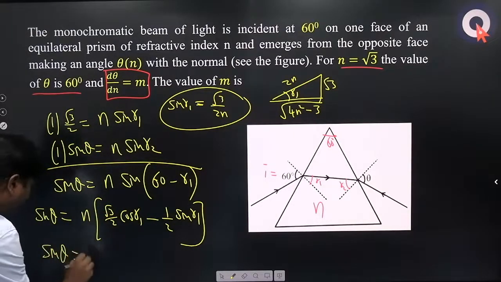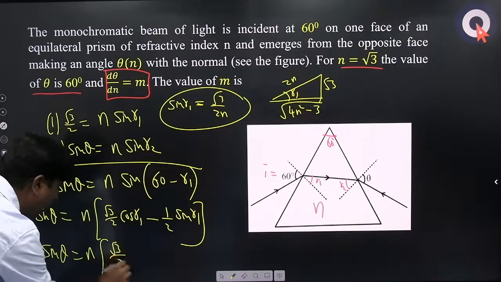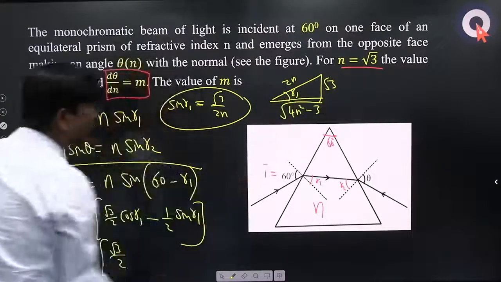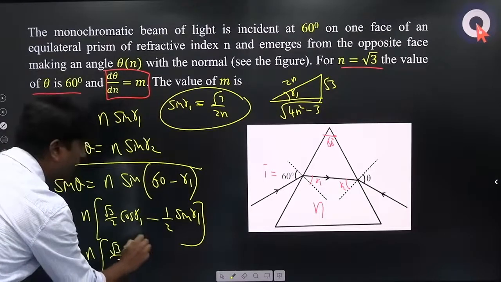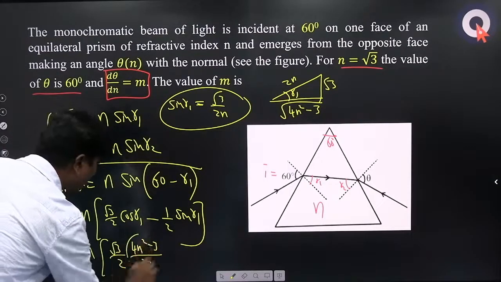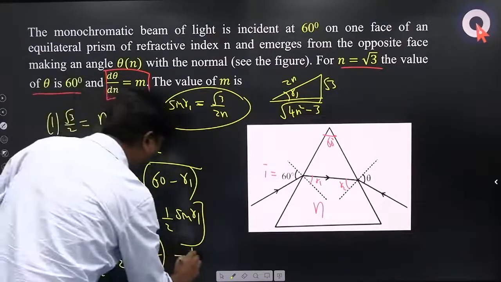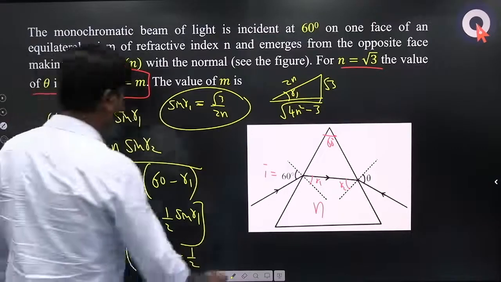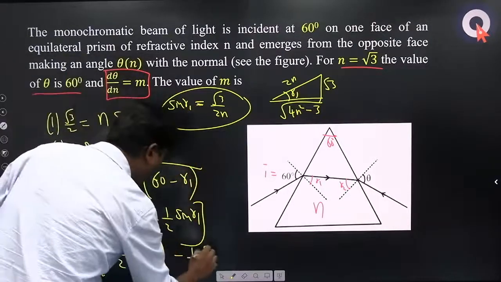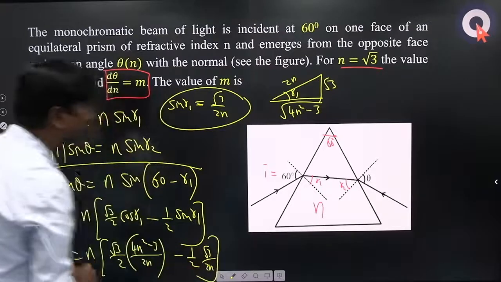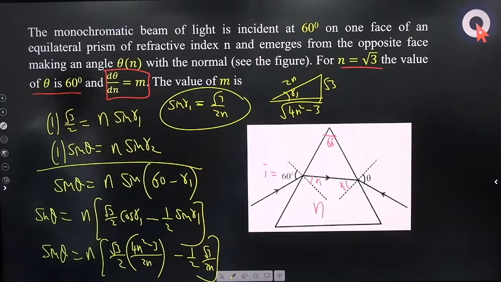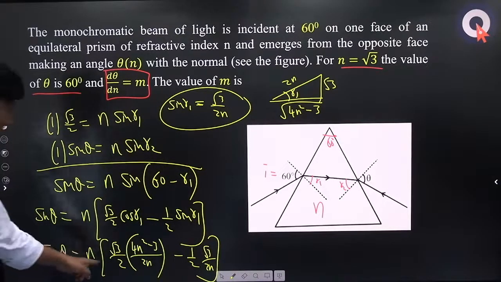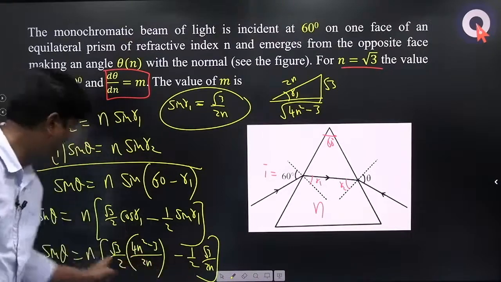So the same thing you substitute here. Sin theta is equal to n times root 3 by 2 into cos of R1, which is root of 4n square minus 3 by 2n, minus half into sin of R1, which is root 3 by 2n. Right? Okay. So finally this n is getting cancelled here, here and here.